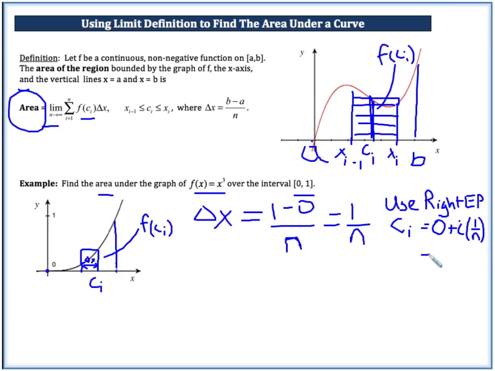Okay, so our c sub i is really just going to be i over n. All right, now it's kind of weird because c sub i we had said was between x sub i and x sub i minus 1, but we really can just use the right endpoints. Make it a little bit easier on us.